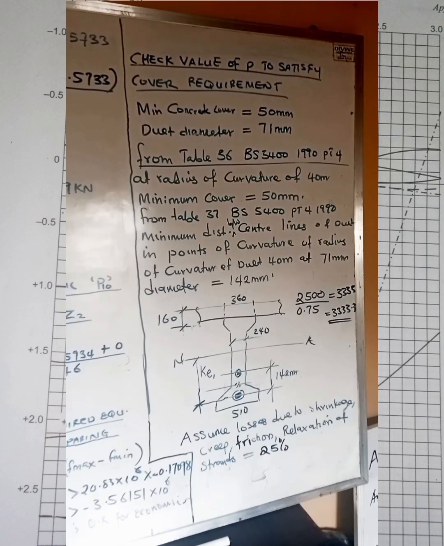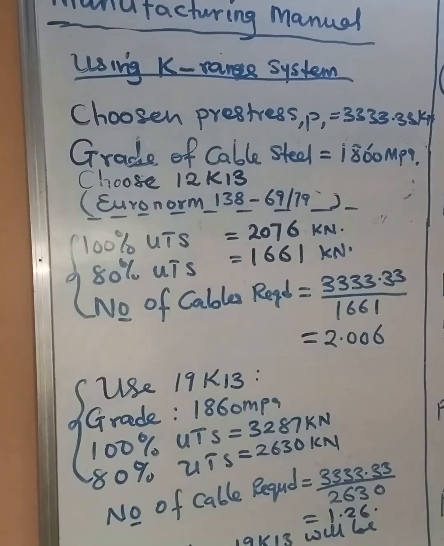So we're going to be working with a pre-stressing force of 3,333.3 kilonewton. Okay. All right, so we are going to look at how we can choose pre-stressing cables from the pre-stressed concrete design manual. You can look at the manufacturing manual to pick various sizes of pre-stressing cables for the required pre-stressing force.